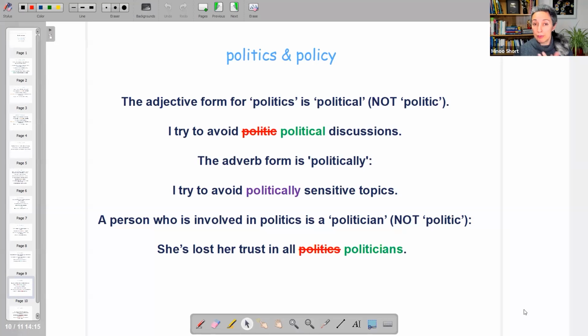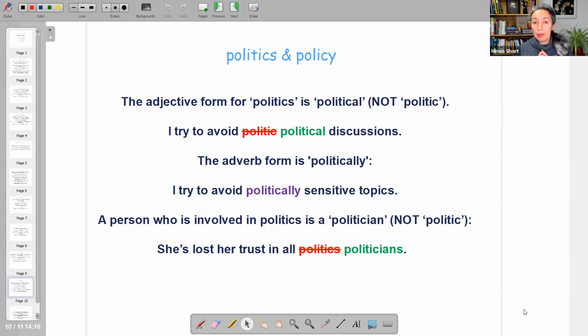There is an adverb form, politically, obviously. So, for example, I try to avoid politically sensitive topics. Notice again the pronunciation. C-A-L-L-Y is not "cali", it's "cli", politically. So we had economically, historically, classically, and now politically.